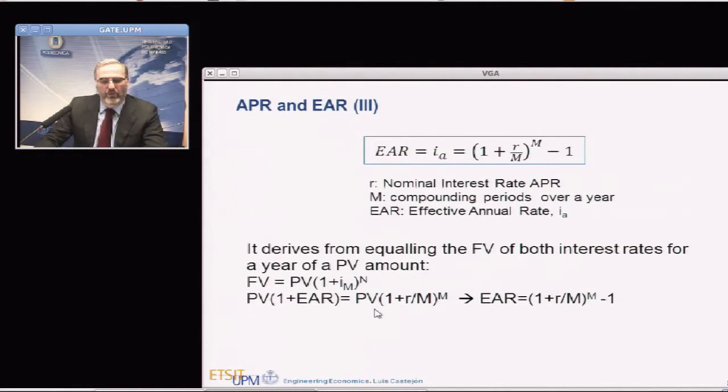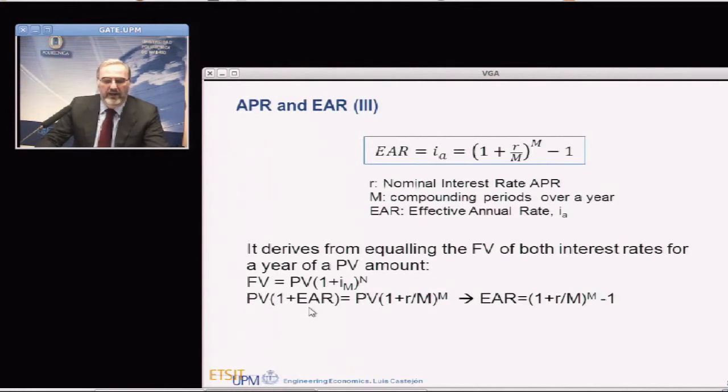So, what we use is this equation. We make equal the present value, the future value calculated with 1 year period at the effective annual rate, to the compounded monthly, or every M period, the present value of 1 plus the interest rate compounded, which is the nominal divided by the number of periods.